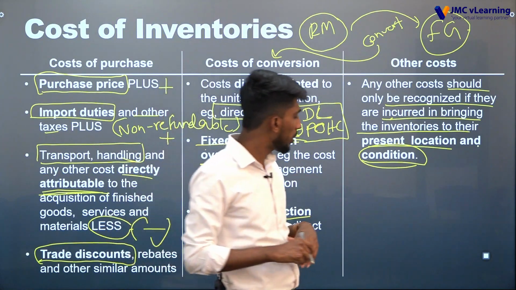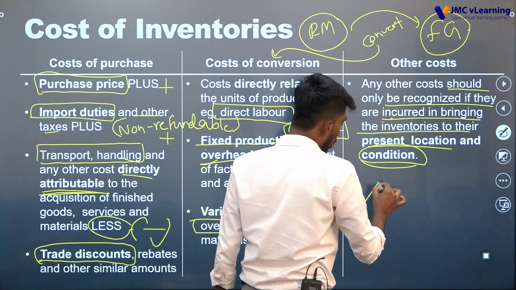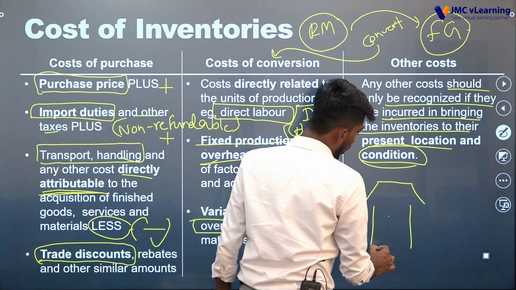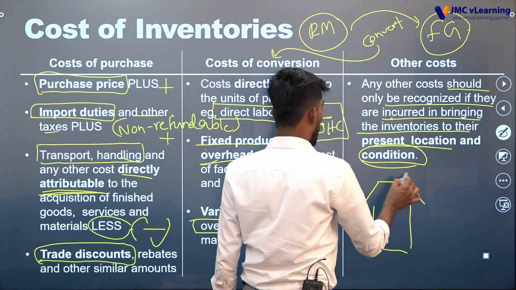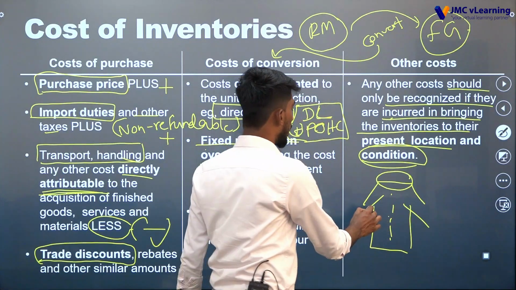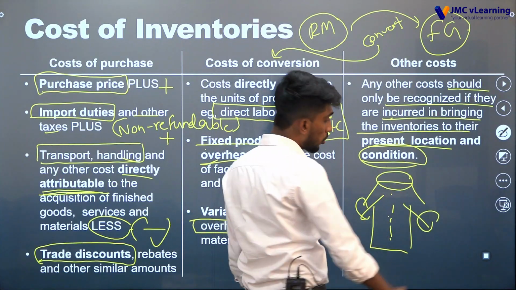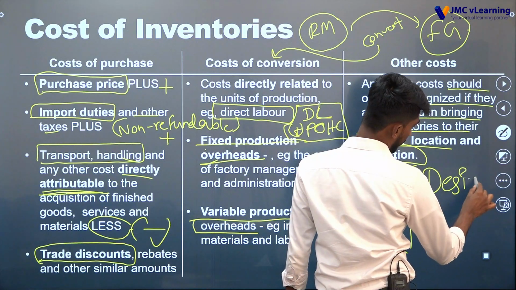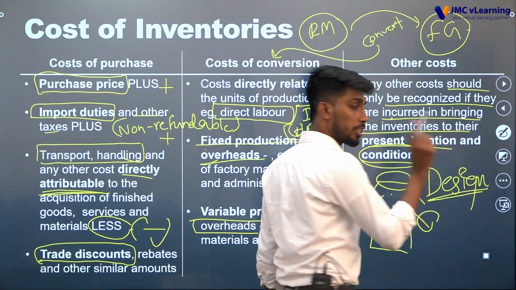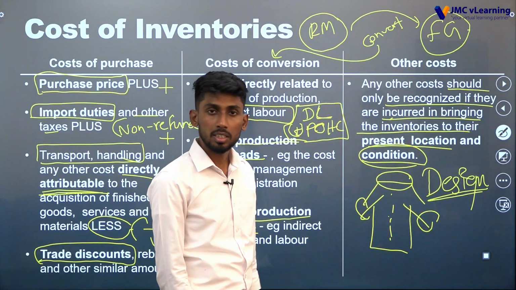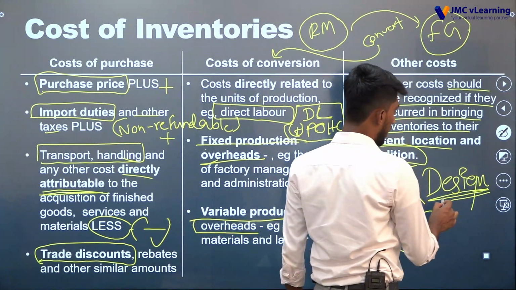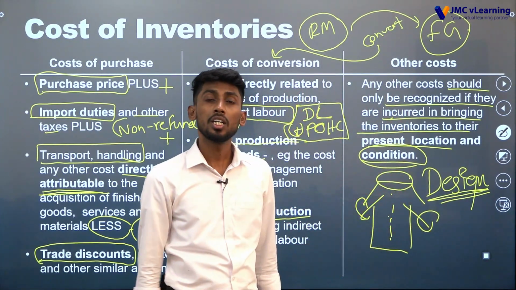Now think, you need to make a shirt. This is not a house, this is a shirt. To make this shirt, you need to have a specific design. Without incurring a cost for this specific design, can you make this shirt? You can't.